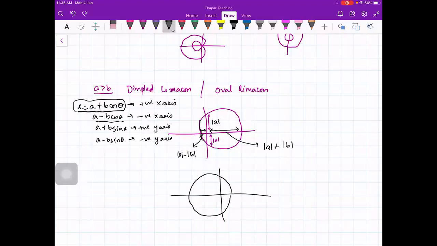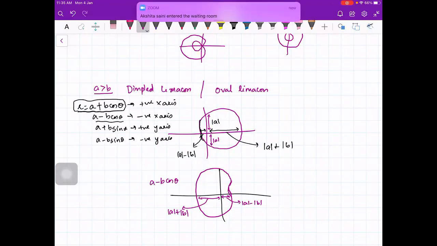Let me plot it nicely because it looks like a circle. It is not a circle. Something like this. Okay, like this it will be there. This distance will be now mod a minus mod b, and this distance will be now mod a plus mod b, right? It is a minus b cos theta. Is that okay?